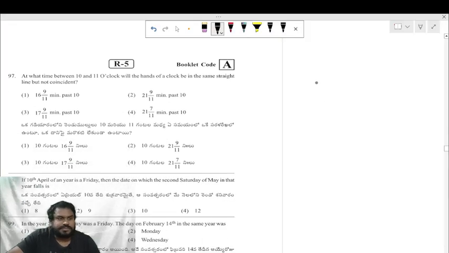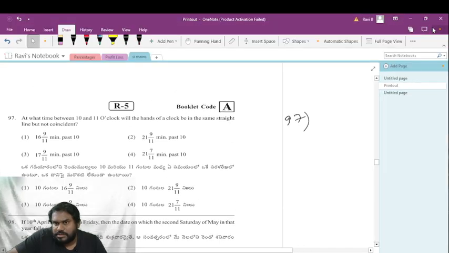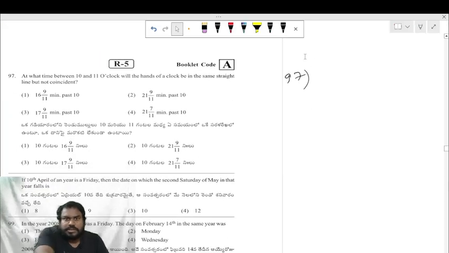Question number 97. At what time between 10 and 11 o'clock will the hands of the clock be in the same straight line but not in the coincident line?